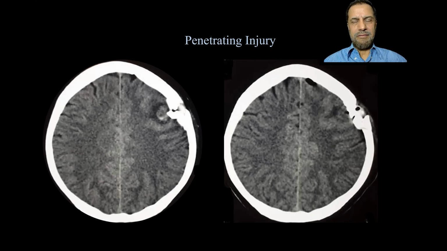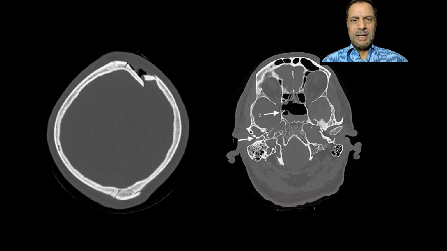So this is a compound depressed fracture, and these patients need surgical correction and repair of the wound. In order to see the bony structures better, you should ask for a bone window like this, where you can see the bony structures very well.